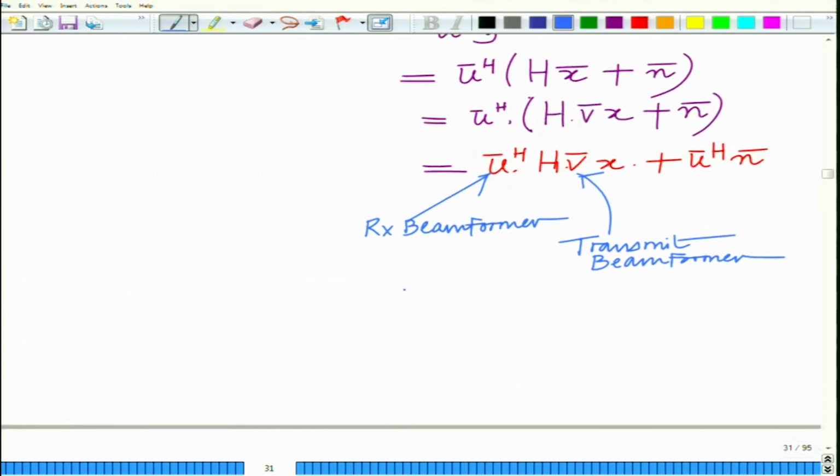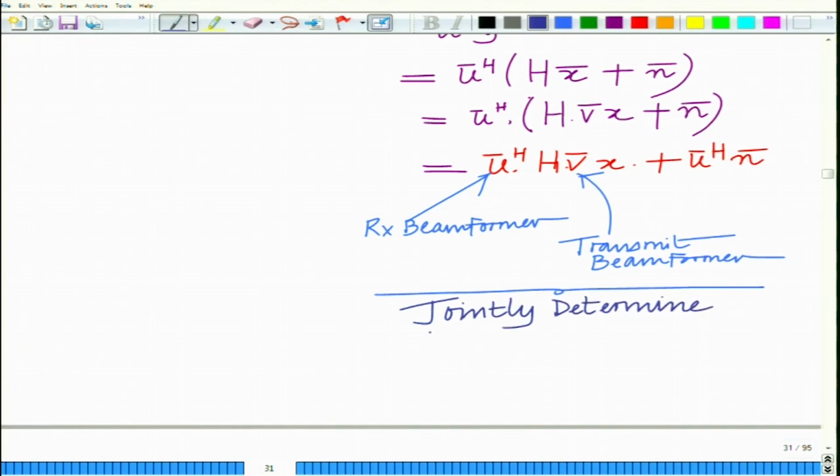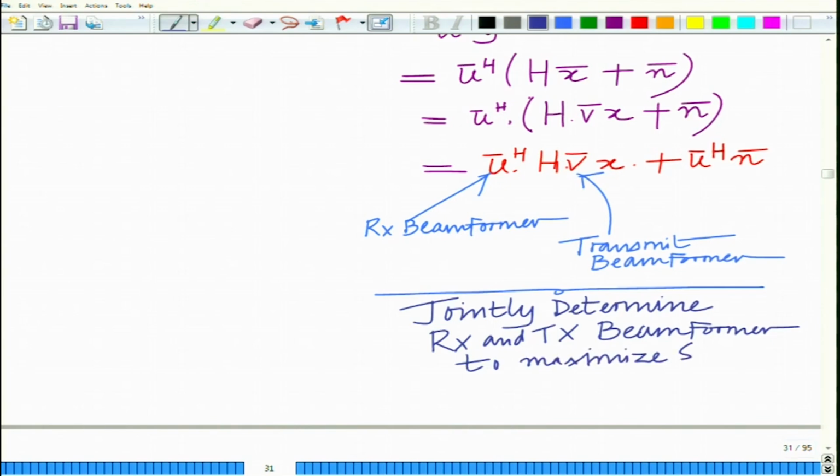So what is the problem in MIMO beamforming? We have to jointly determine both the Rx and Tx beamformers, that is U bar and V bar, to maximize the SNR.